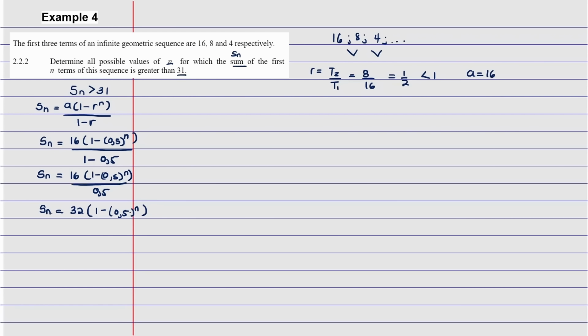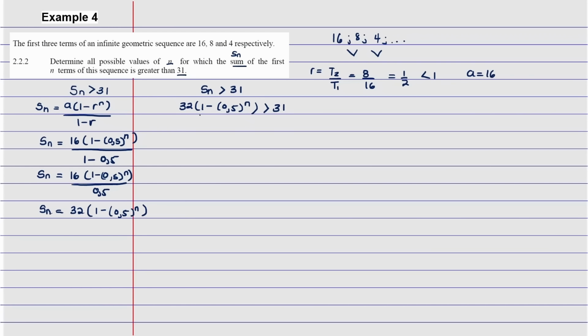Now, knowing that that's Sn, we substitute it back into the question, where we're looking for when Sn is greater than 31. So it's 32 times (1 minus 0.5 to the power n) greater than 31.